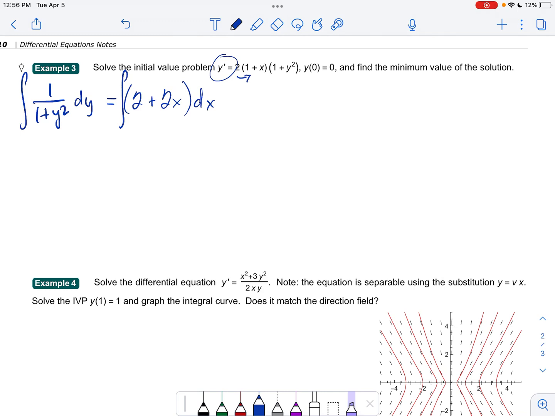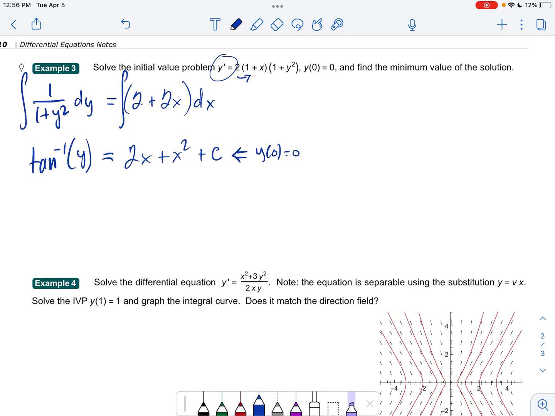The antiderivative on the left, you should recognize as the arctangent of y, equals, on the right, 2x plus x squared plus a constant. We need to find that constant, and now's a good time to use our initial condition of y of 0 is 0.